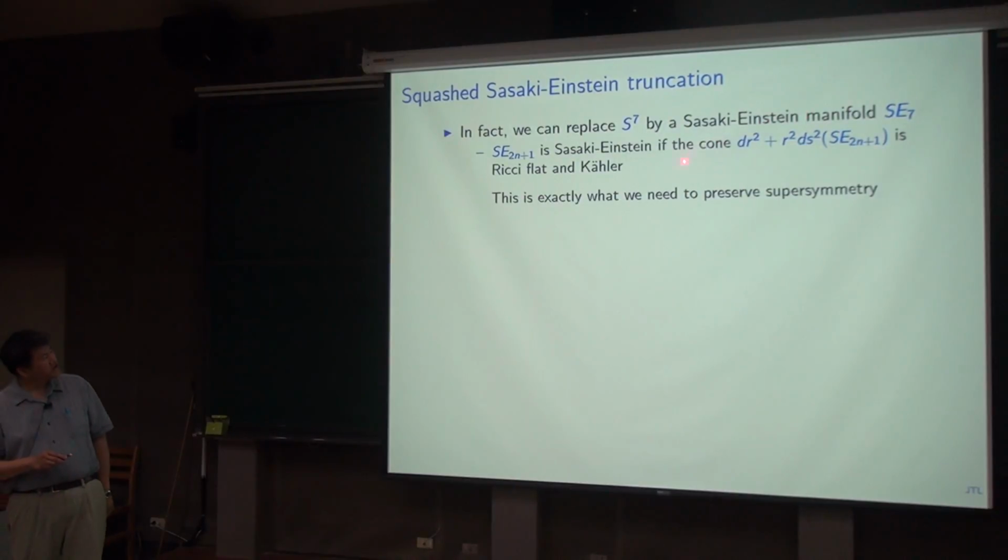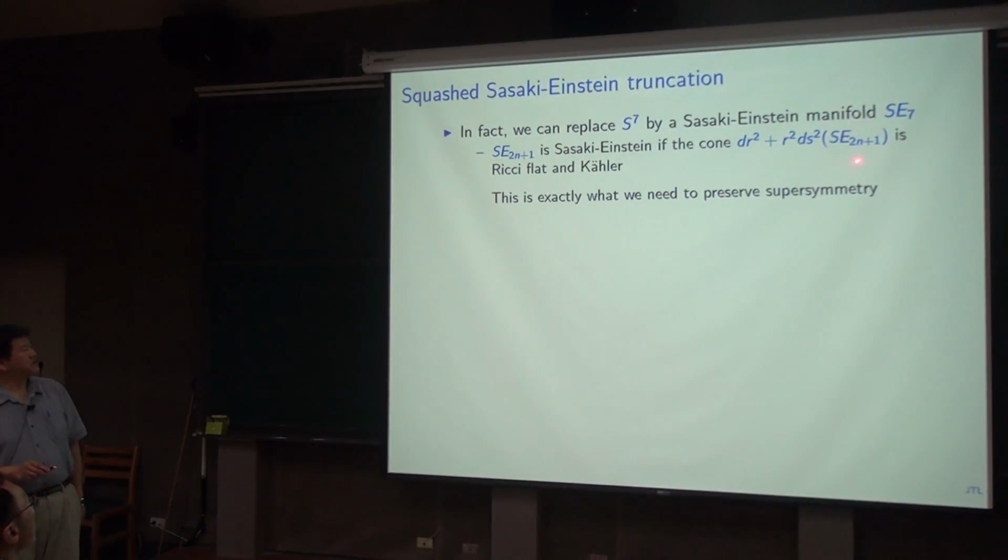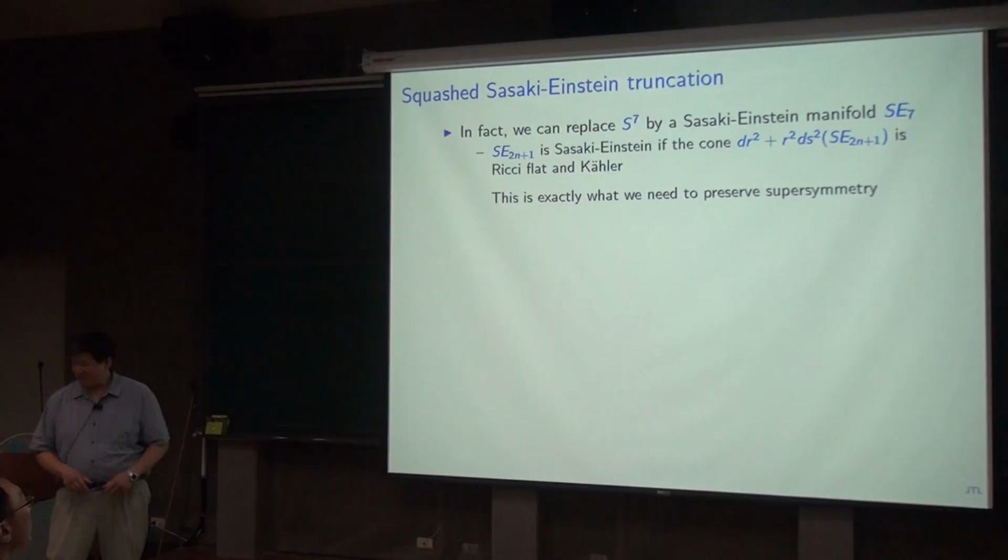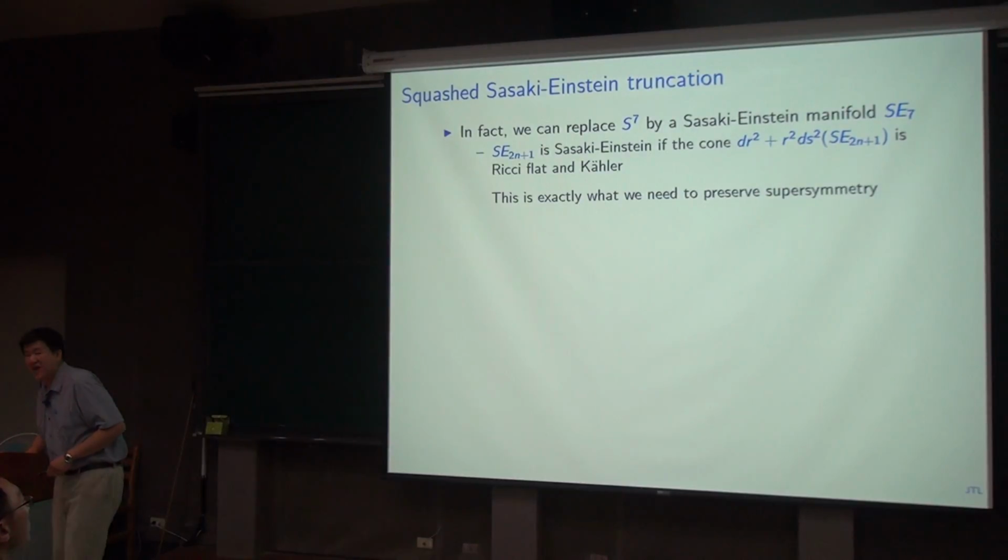This gives me an even dimensional space, and the Sasaki-Einstein manifold is basically what it is that if this thing here is Ricci flat and Kähler, so if this is sort of non-compact Calabi-Yau, now what's inside here is the Sasaki-Einstein manifold. This is what you need to preserve some fraction of supersymmetry.